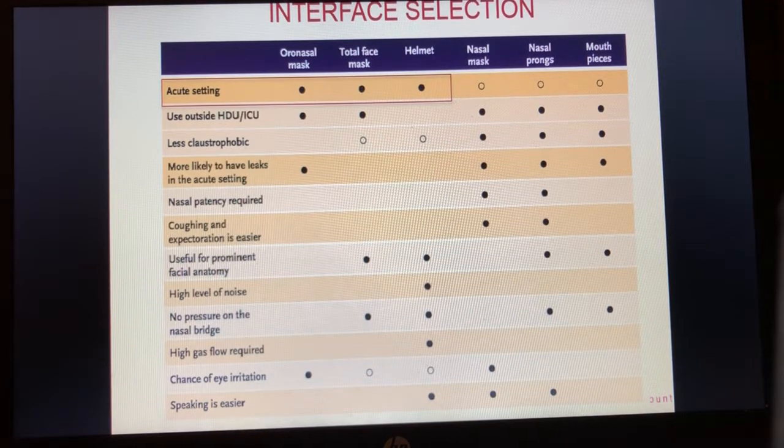And of course we know coughing is going to be an issue with bronchitis. So there's pros and cons, and it can therefore be difficult to sometimes weigh up which particular interface is ideal for individual patients. But the key thing is to try and individualize it, so to have a number of different available interfaces.